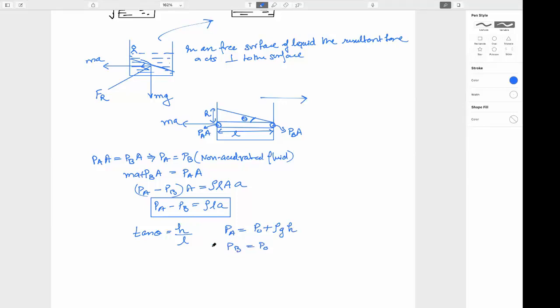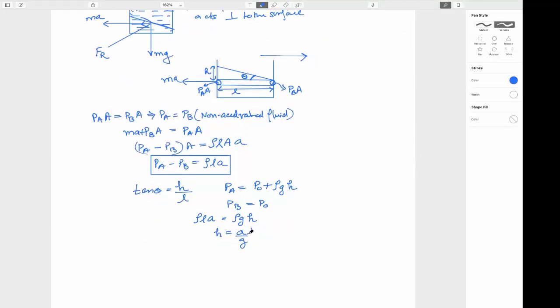So if you put it here, PA minus PB, rho L a, comes out to be rho g H. We need to find H. So H comes out to be a L by g. So tan theta comes out to be H by L, which is a by g.